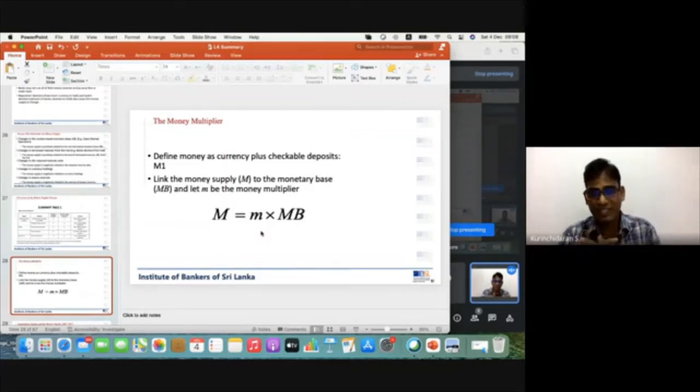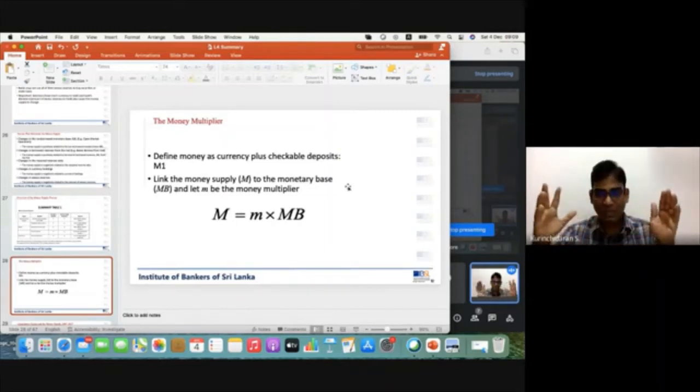We call it money creation, or deposit creation. So you have to multiply this monetary base by the money multiplier, and that would be equal to the money supply. In layman's words, we just say it's currency plus checkable deposits, but actually the money supply is the available funds to make transactions. So its multiplication is there, and we call it the money multiplier.